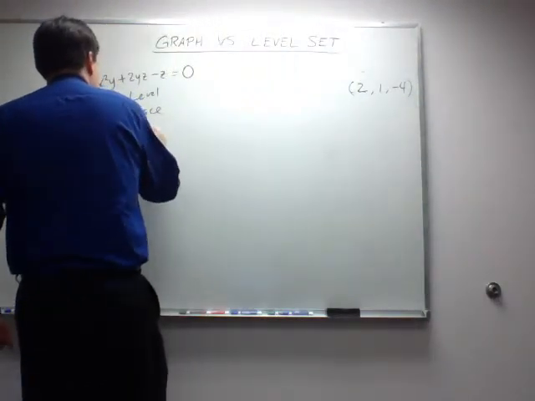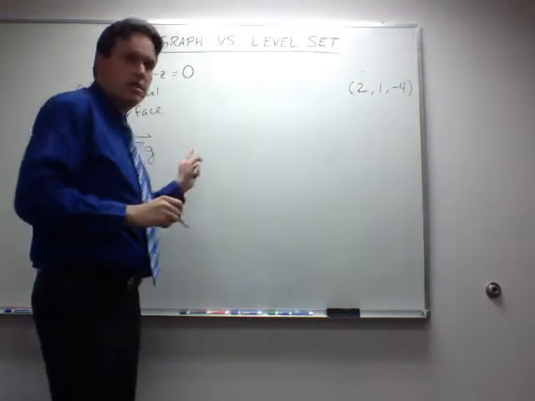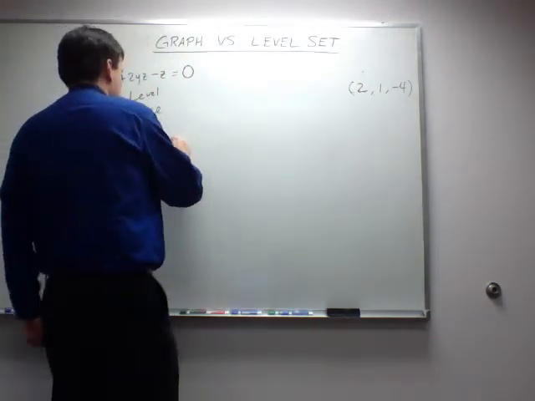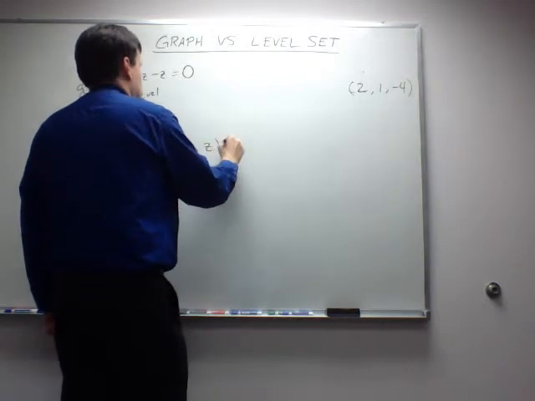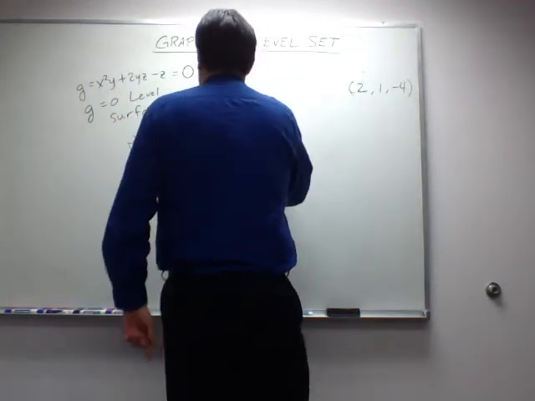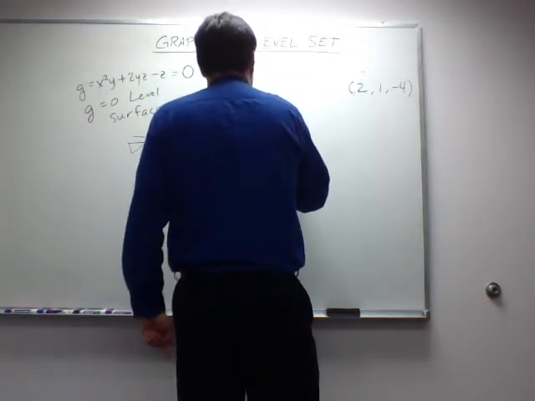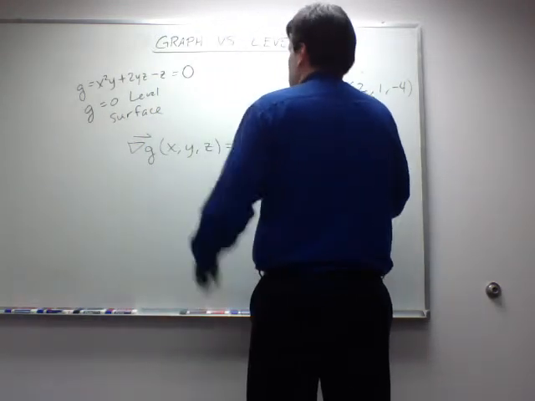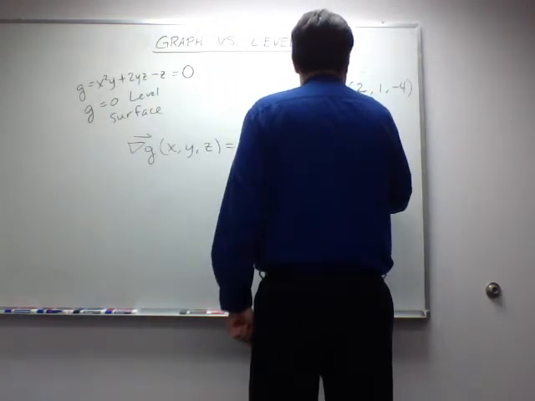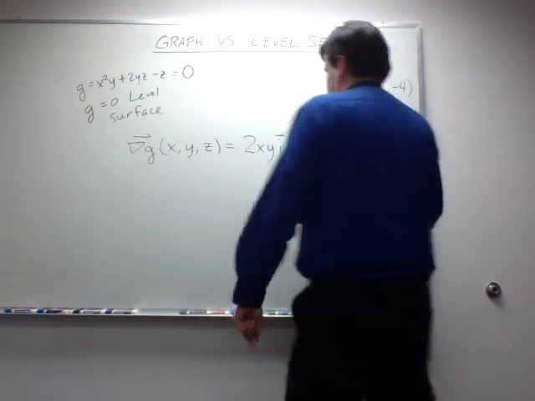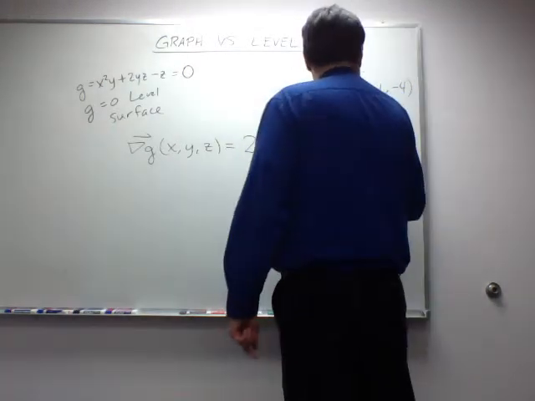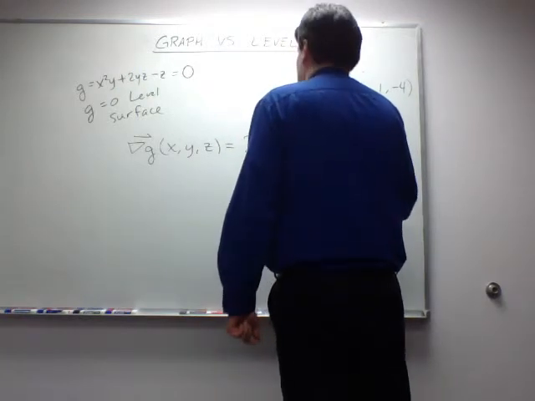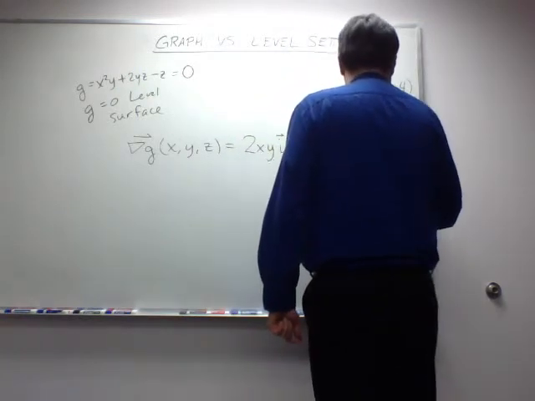Now that I'm talking about a level surface, I can go ahead and take the gradient and expect that to be the normal vector. The gradient of g at x, y, z is going to be equal to 2xy i plus x squared plus 2z j, that's my y partial, and my z partial is going to be 2y minus 1, so I'm going to have a k there.